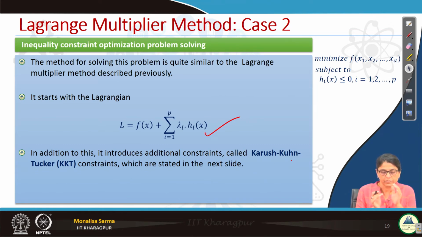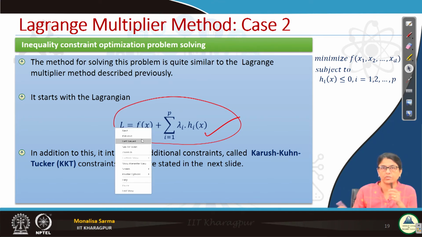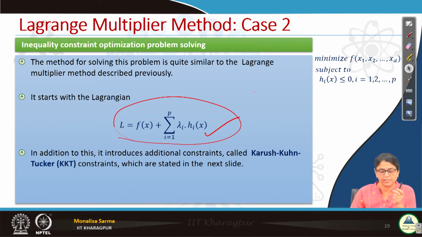So, for inequality constraint, in addition to this Lagrangian, when we introduce the dummy variable lambda we call it the Lagrangian, and we introduce some other constraints. What are these constraints?